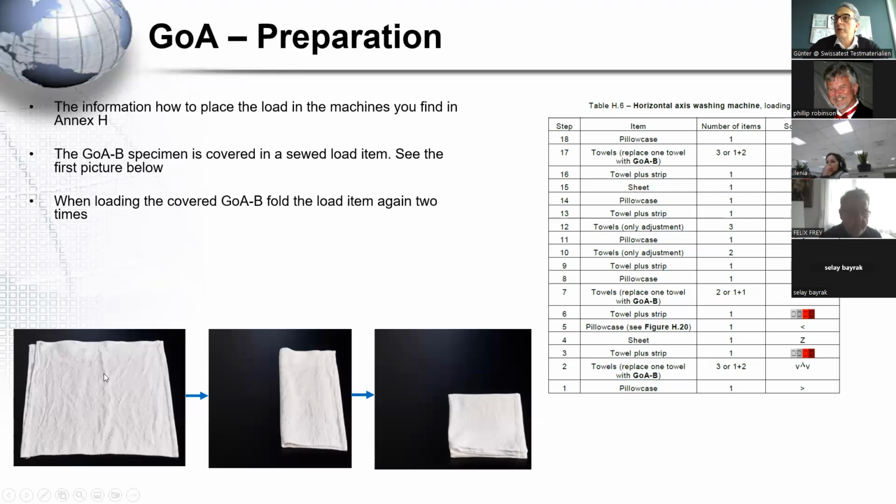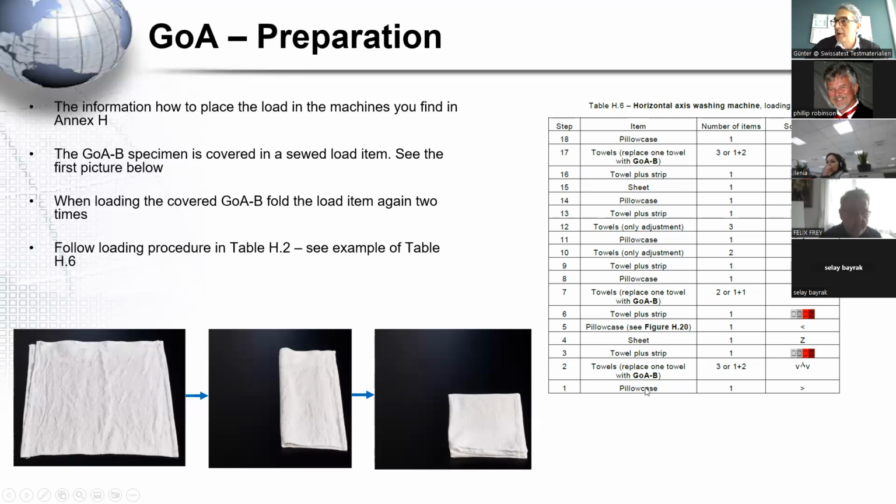For the loading, you have to fold the item again 2 times. Also, these pictures are out of the CD2. It's very well explained inside the CD2 how to fold the specimen and to place it in the washing machine. Follow the loading procedure in table H2, and here I have put an example, table H6.